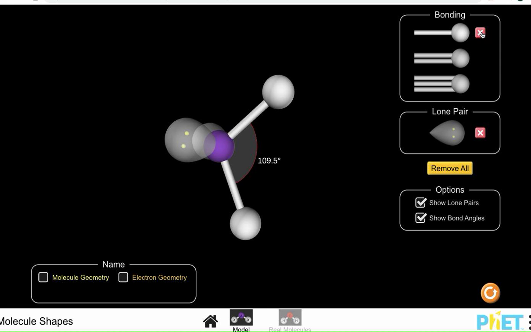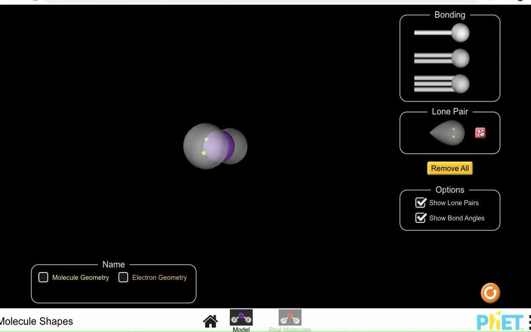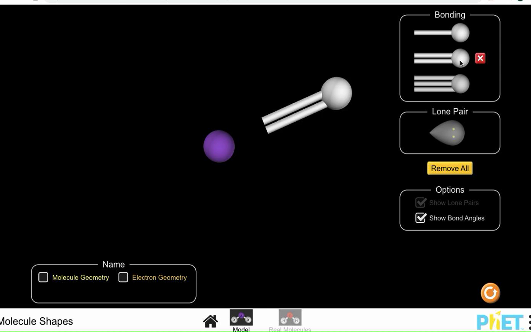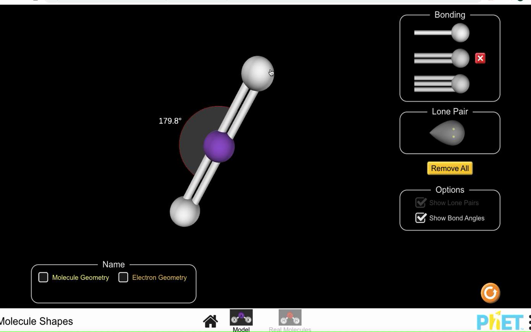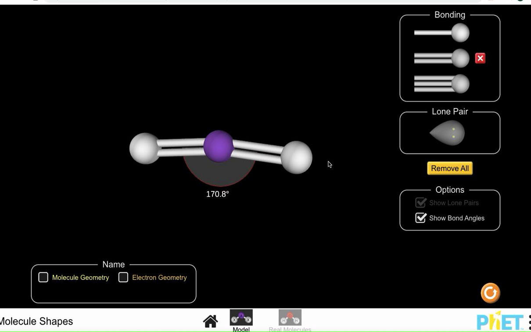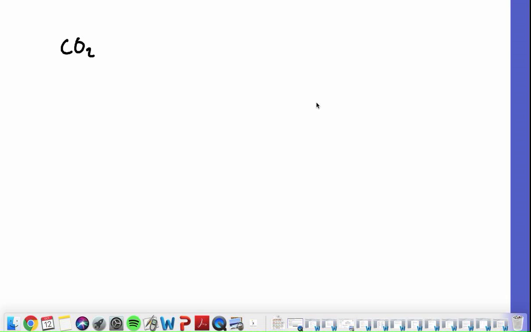I don't care if you skip steps in this, but you do have to do certain things at all times. If you know right away that this is going to be linear, that's great, right? Like I said before, if I have two double bonds to two oxygens, and no pairs of electrons, I'm definitely going to get a linear shape, right?